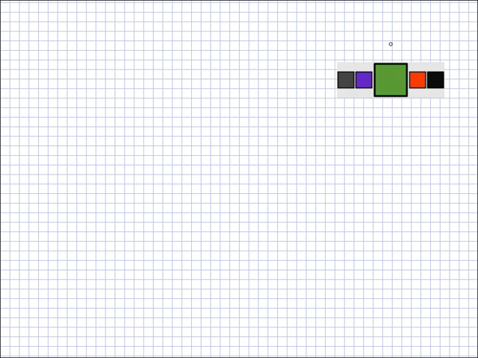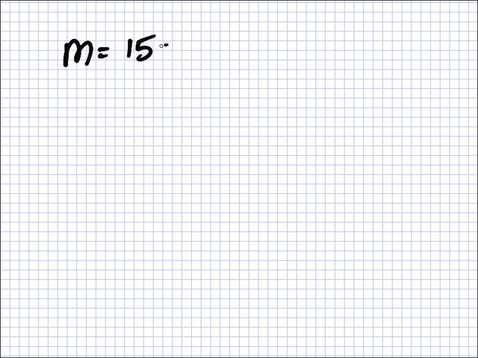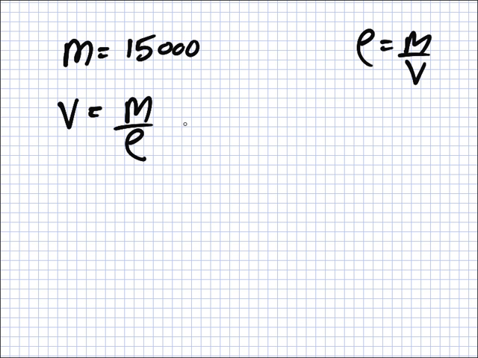Okay, couple of ways to do this. So basically we know the mass. The mass has to be 15,000. And we know density is mass over volume. So we know volume is mass over density, which is 15,000 over 7,800.